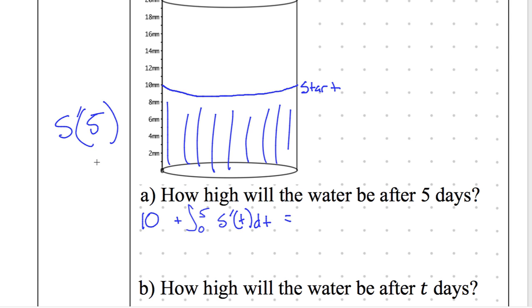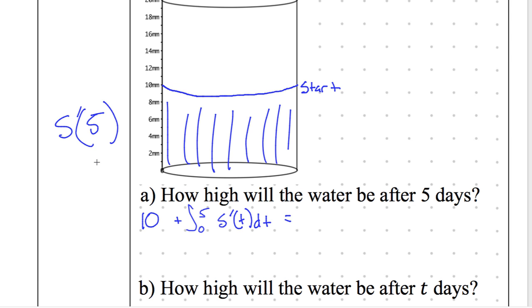It's not the height. It's the rate of change at t equals 5. Yes. And in the context of the problem, what does that mean? You're really close, you just kind of flipped your words around. Anyone else want to try to get that full English sentence out? I think you guys are getting the point, but you don't have the full sentence that I'm looking for. S prime of 5.